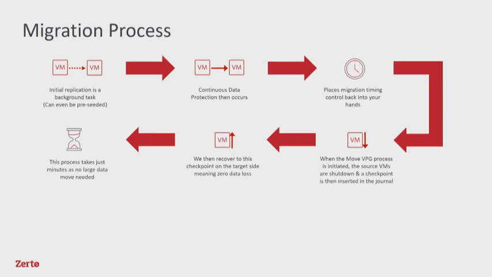Essentially, the data is already on the target side. So when we initiate this move, the VMs are literally added to the inventory of vCenter, or whatever the target environment is, on the target side. Then we boot them according to boot orders that you've configured. We'll add them to the networks that you've defined. We can re-IP each NIC individually if required. You can run pre- and post-recovery scripts, which can automate config changes potentially within your applications themselves.